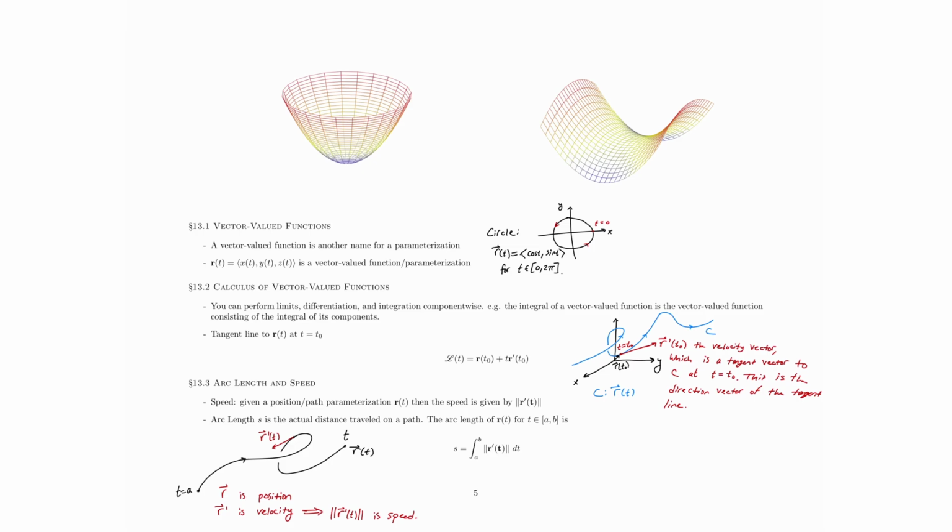We could stop at some final time t equals b. So then the actual traveled distance, the length of this curve, would be found by integrating your speed over the duration of your travel, start time to finish time.